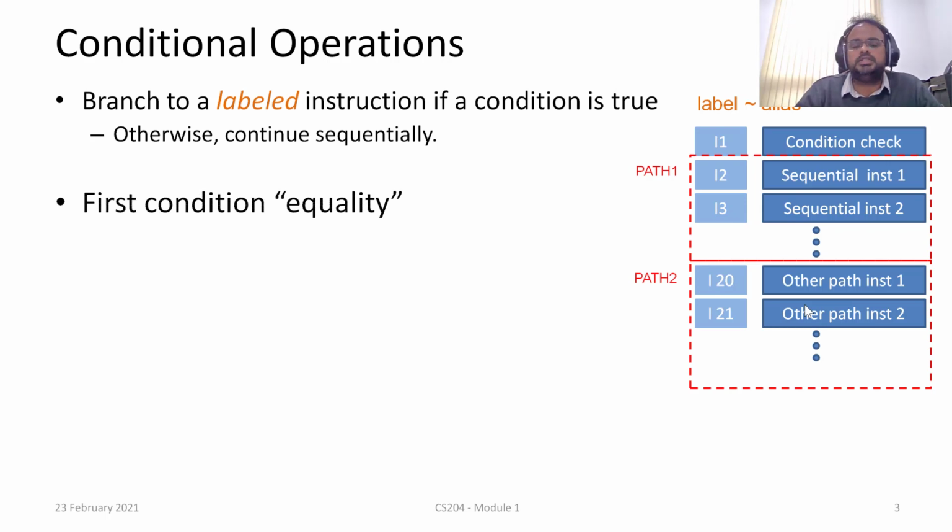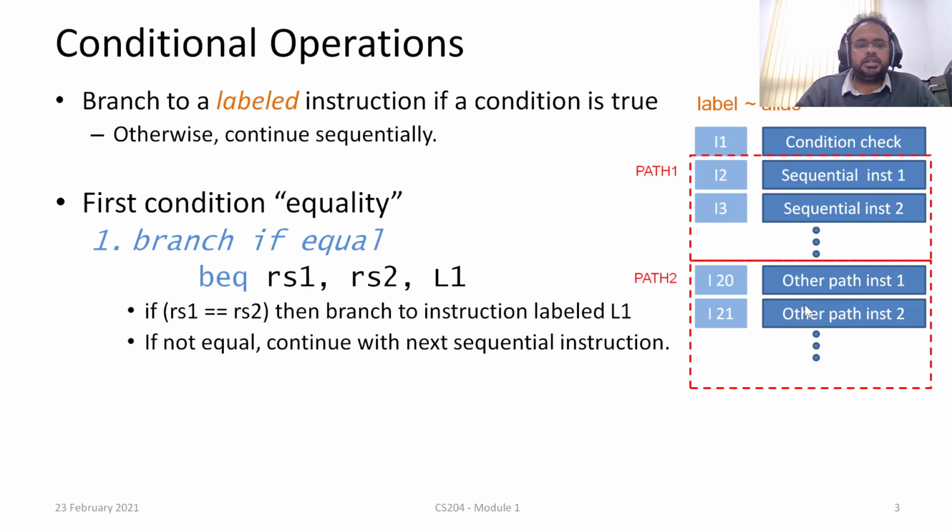Okay, now let's look at what all condition checks that RISC-V allows us to do. The very first one is the equality check. The instruction is called branch if equal, and its mnemonic is BEQ. It has two register operands and a label. Here that label is L1.